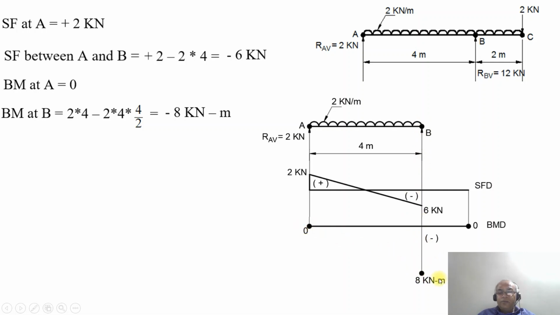And we are not plotting the maximum now because as the shear force changes its sign, somewhere you're going to get the maximum positive bending moment. So that we will identify at a later stage once you analyze the beam completely. And then finally we're going to take up the maximum bending moment. For now we will just plot that particular point, which is 8 kilonewton meter at the point B for the bending moment.